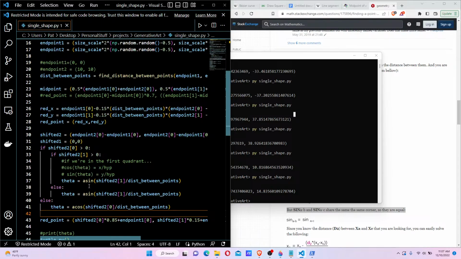Now if we want to put point 1 at 0, 0, putting point 1 at 0, 0, then you multiply.